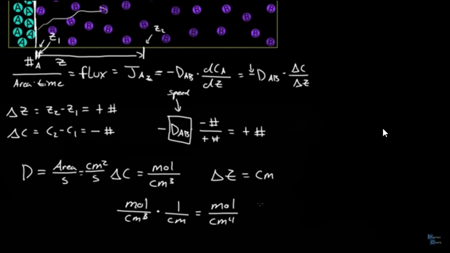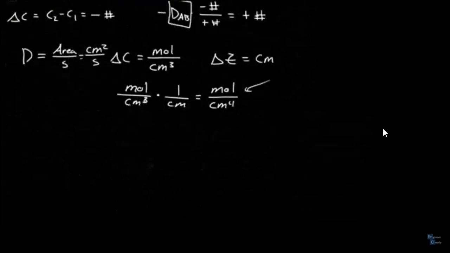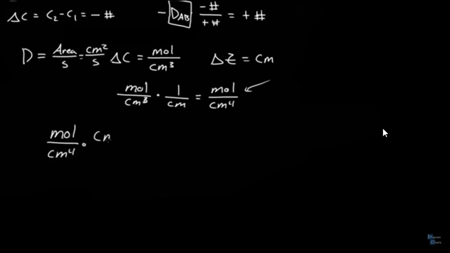So now if we multiplied this by D's units, we would get moles per centimeter to the fourth times centimeters squared per second. So this 4 cancels out that 2, and that now becomes a 2.